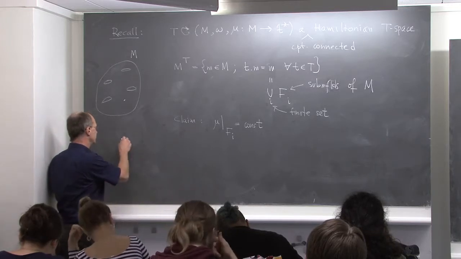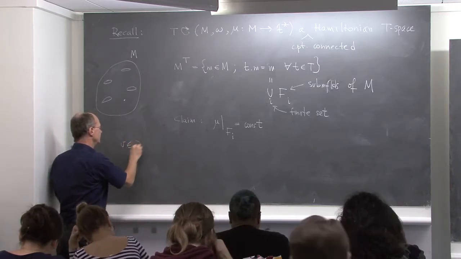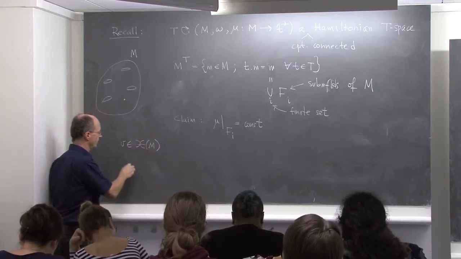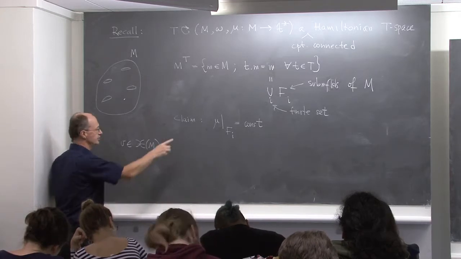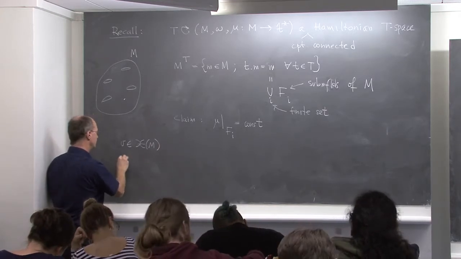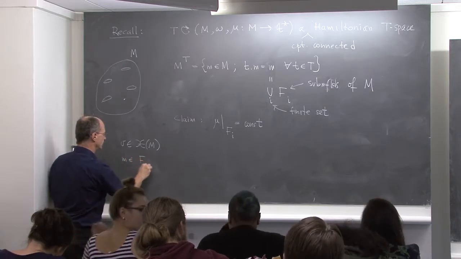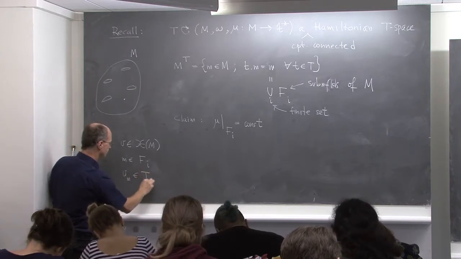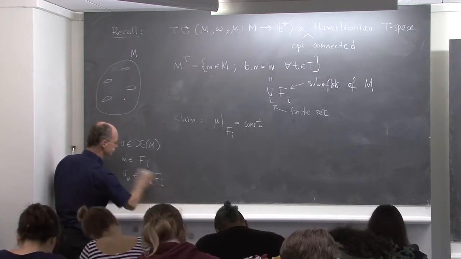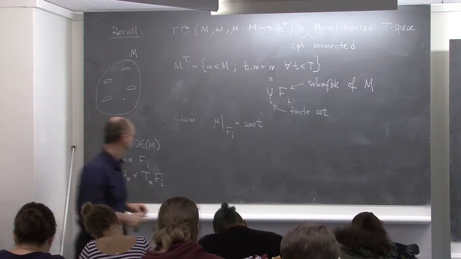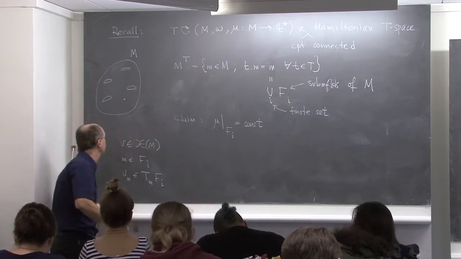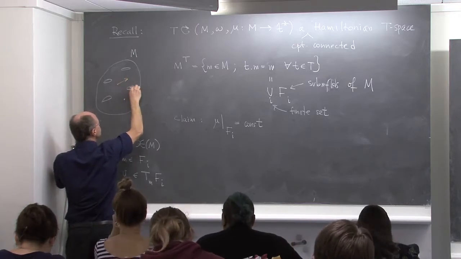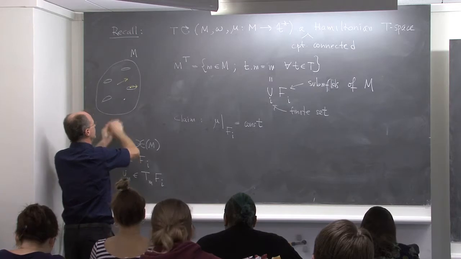Right, so let's consider a vector field on M which is tangent to Fi. In particular, I choose m on Fi, and I say that Vm is sitting in the tangent subspace of Fi. So my vector field here is tangent to this Fi.